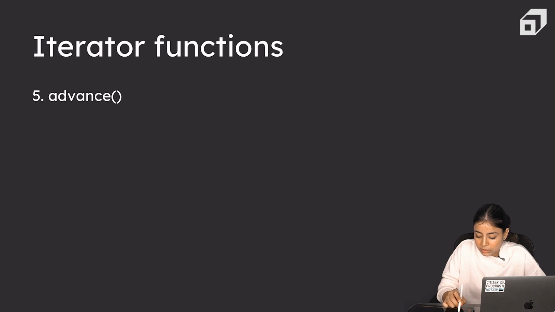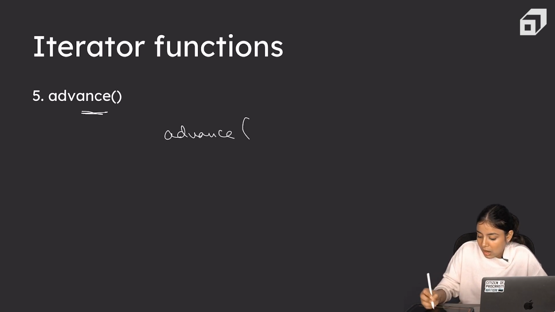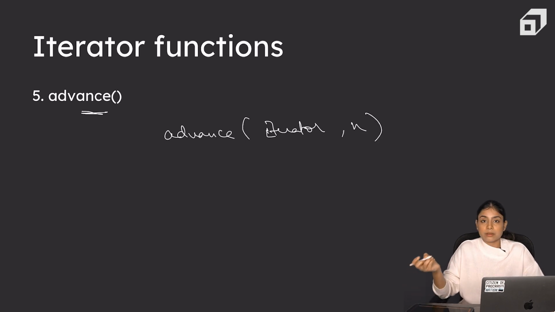One last iterator function is advance, and this is used to move my iterator. So in the advance function, I pass the iterator and I pass n, some integer value, and what this will do is move my iterator by n places.